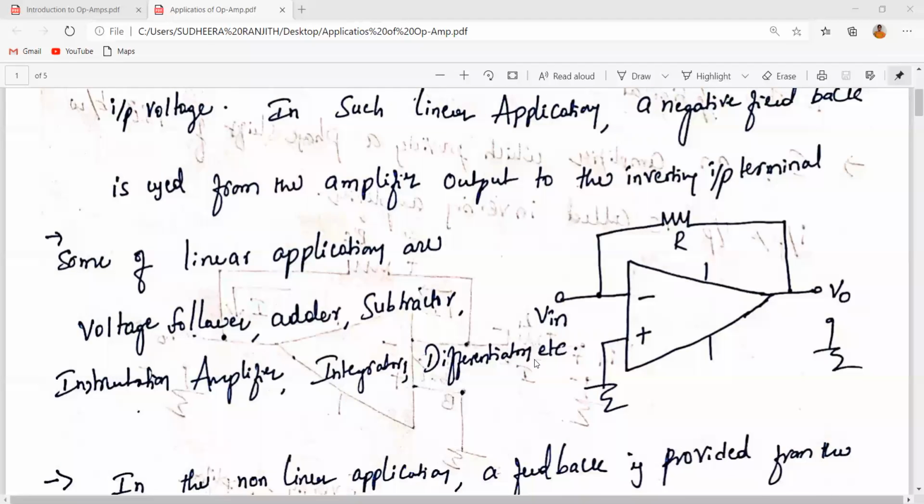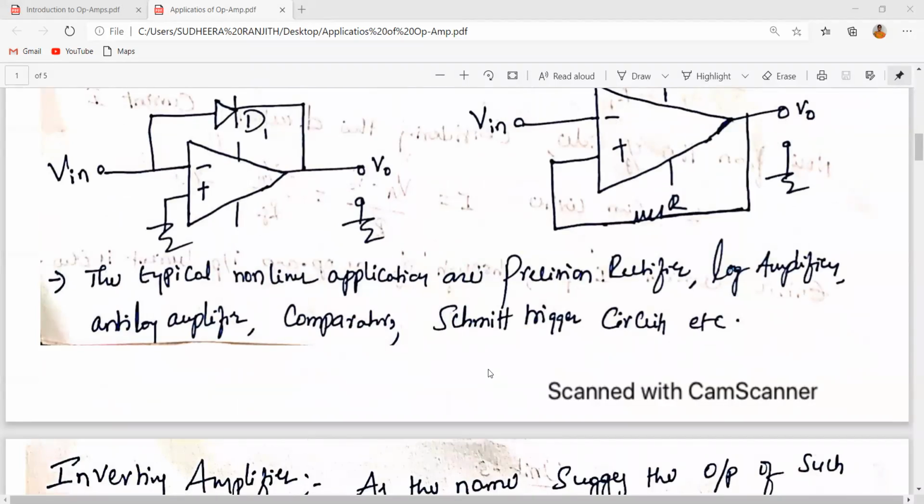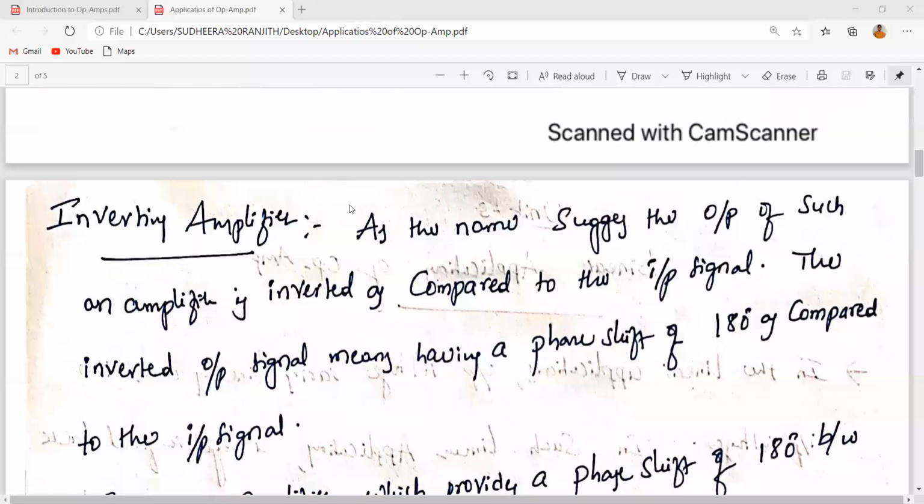We employ negative feedback, right? Non-linear application means output varies non-linearly with respect to input. We generally use positive feedback, but sometimes we use negative feedback with non-linear elements like diodes and transistors in the feedback path, right?